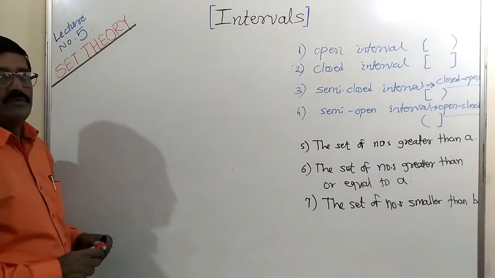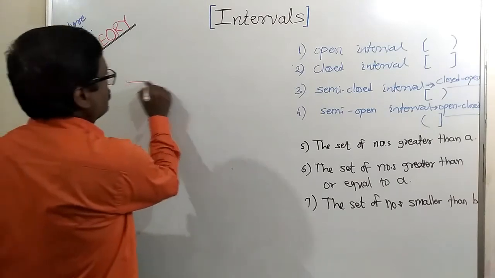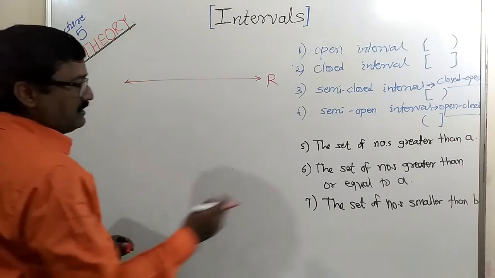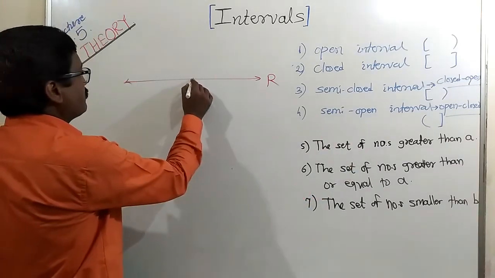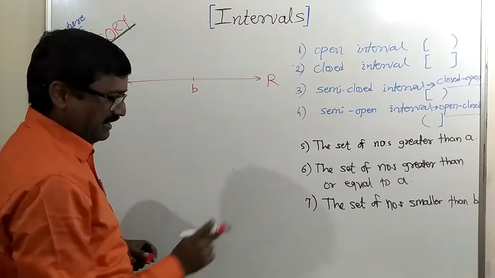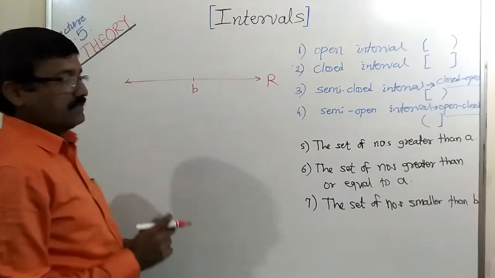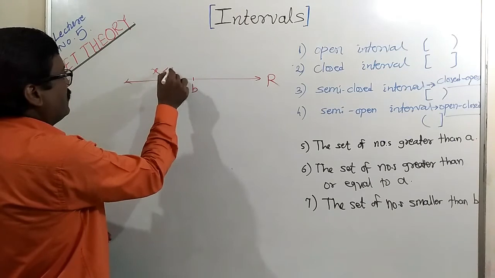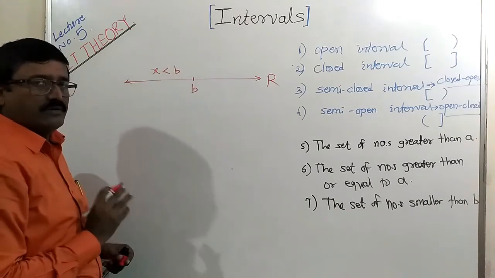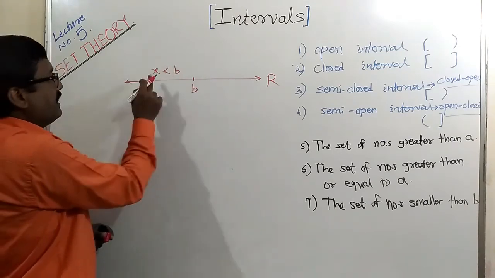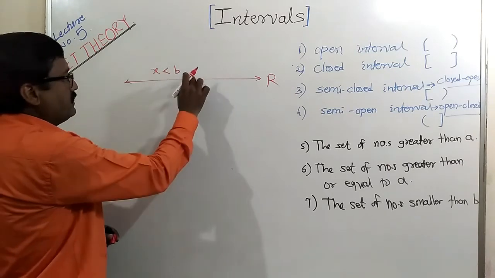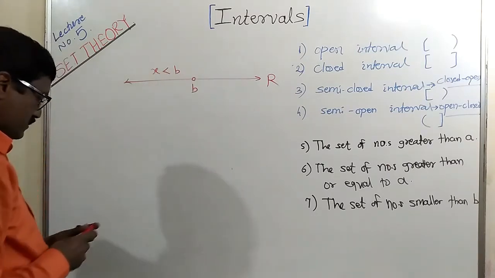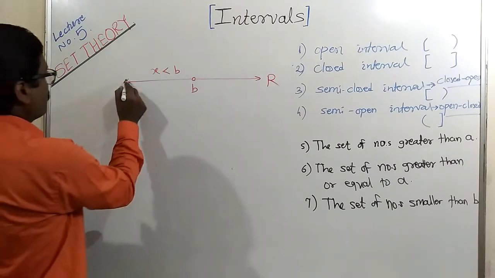Consider a real number line once again, R. On this number line, we have taken the number B, and the number which is smaller than B, suppose x, is always smaller than B. Always smaller than B means it is to the left of B, and the value of x is not equal to B, so here is an open circle. So the numbers are denoted by this ray.